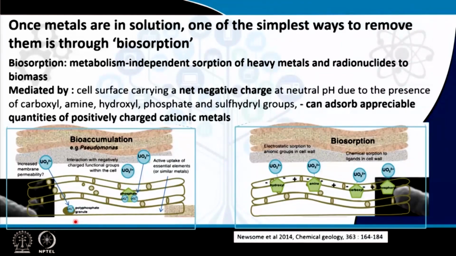So, with bioaccumulation, as I mentioned, as long as the concentration is within the tolerable range the organisms will be happy, but as soon as the concentration of the internalized or bioaccumulated metals goes beyond the tolerable threshold, then the bacteria or the fungi will execute different detoxification strategies.